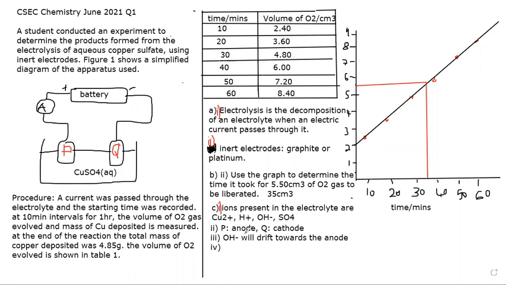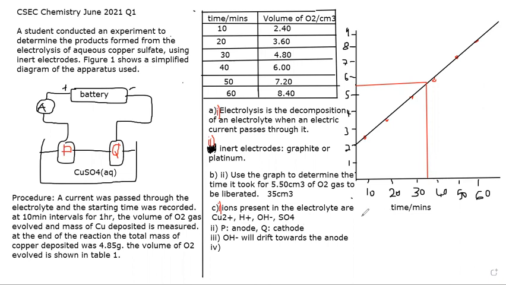Then it asks us to identify one ion that will drift towards the anode. We know the anode is positive, so any negative ion in solution will drift towards the anode. So you could put the hydroxide ion as your answer, or the sulfate ion.